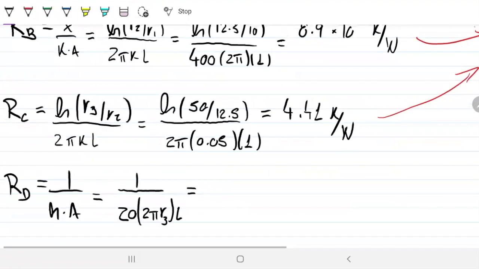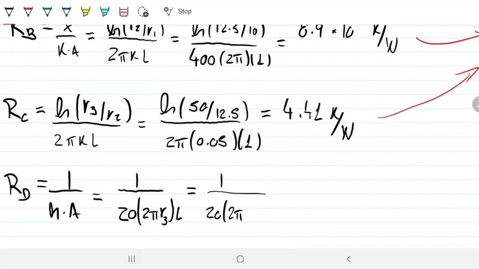And we have all the data that we need, right? 1 over 20 times 2 pi. That will be 50 times 10 to the minus 3. The reason I'm converting is because this fella here is watts per Kelvin meter, right? And we also have L, which is 1 meter. There you go. And this turns out to be 0.16.